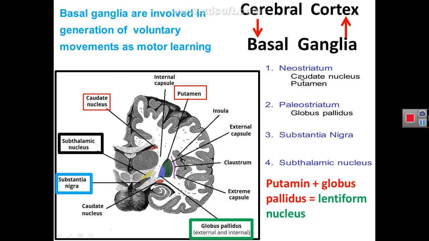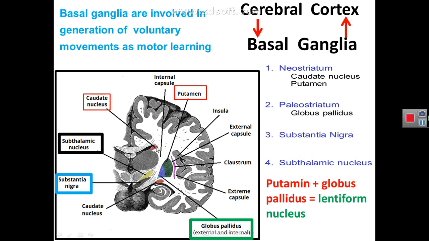First, the neostriatum, and you know neostriatum means new. It occurs in the well-developed brain of a human. The neostriatum includes the caudate nucleus, which we discussed with the ventricles of the brain. It forms the floor of the anterior horn and body of the lateral ventricle, and it also forms the roof of the inferior horn of the lateral ventricle.